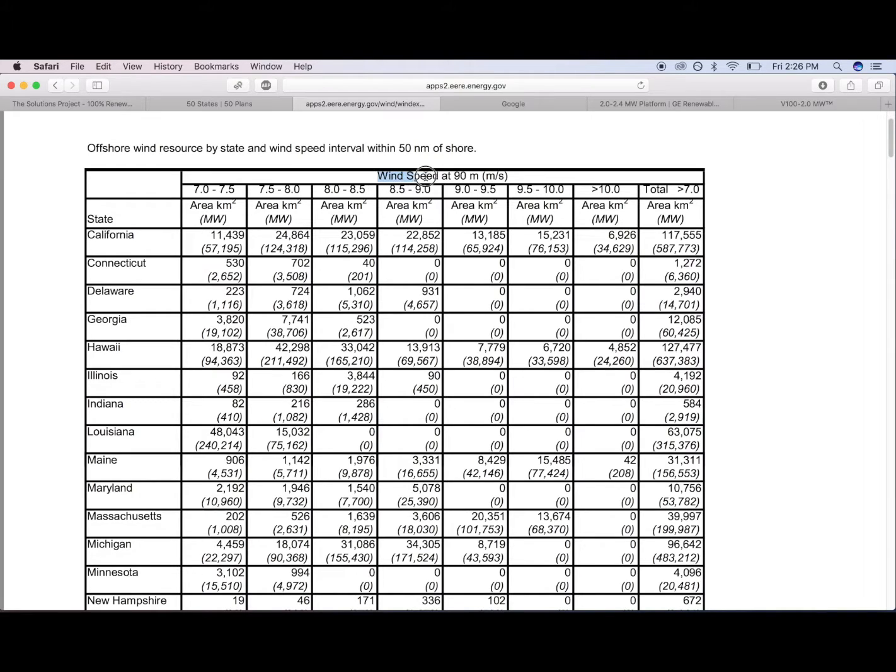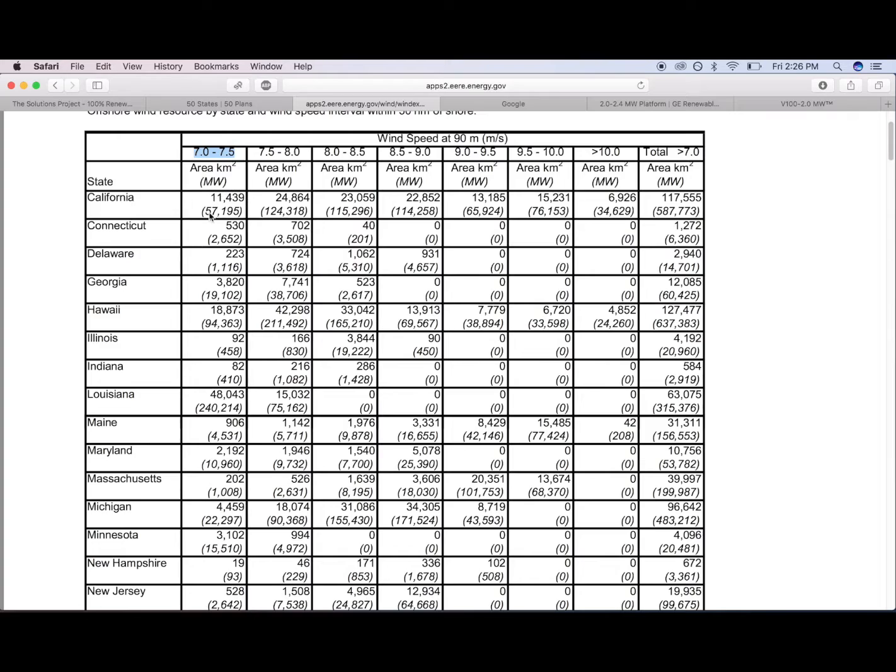So these are the wind speeds at 90 meters of hub height. That means the wind turbines are going to be 90 meters tall. And at 7 to 7.5 meters a second, it's looking like California has about 11,000 square kilometers.